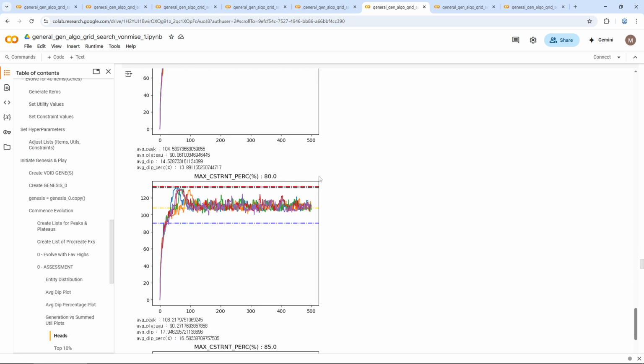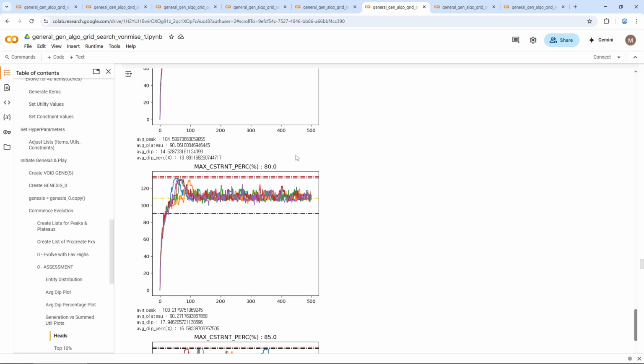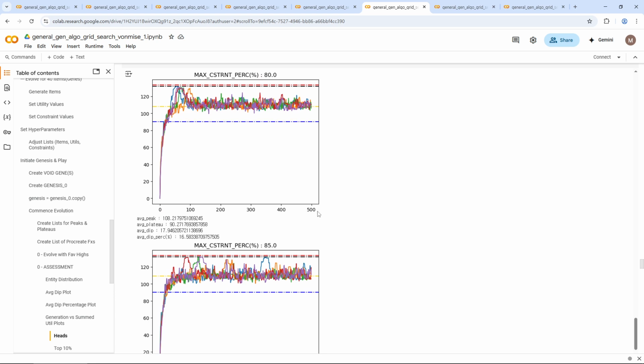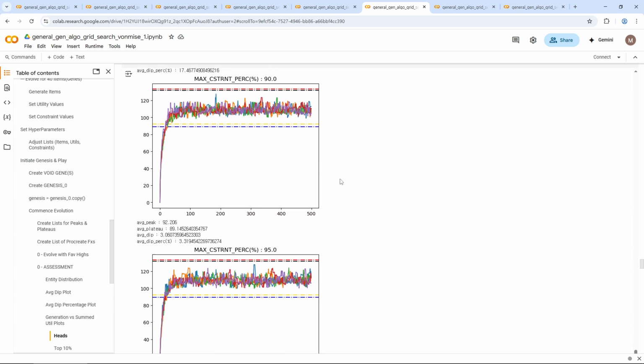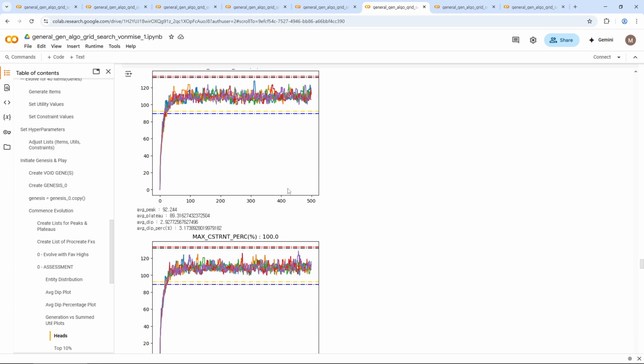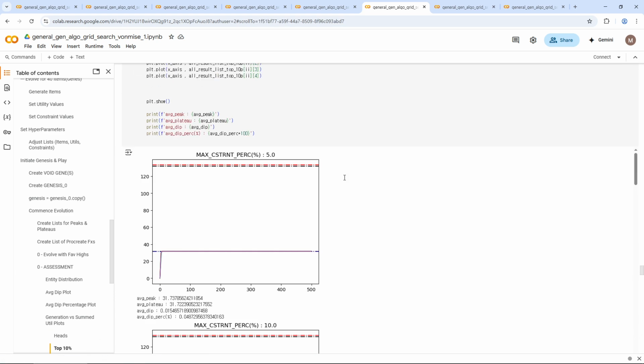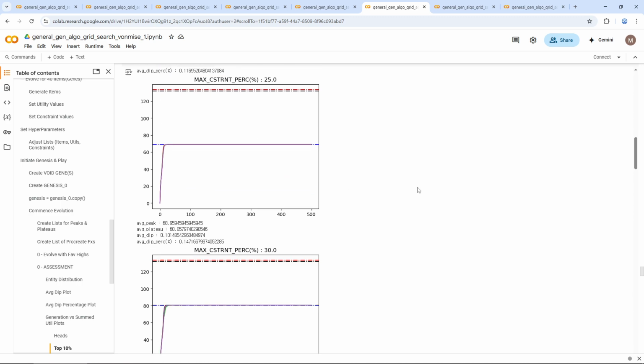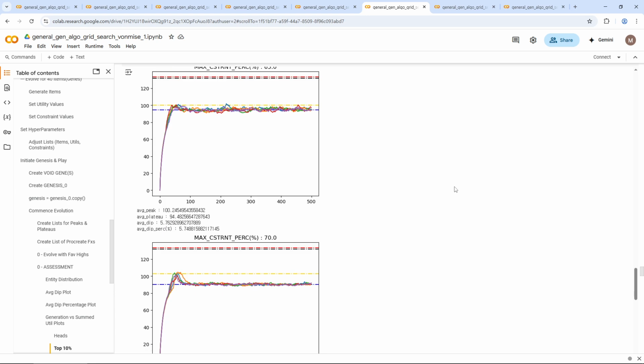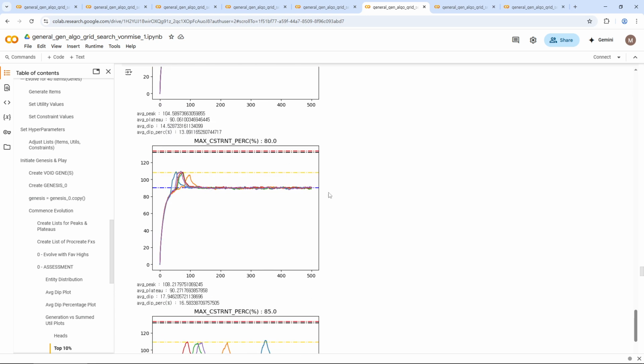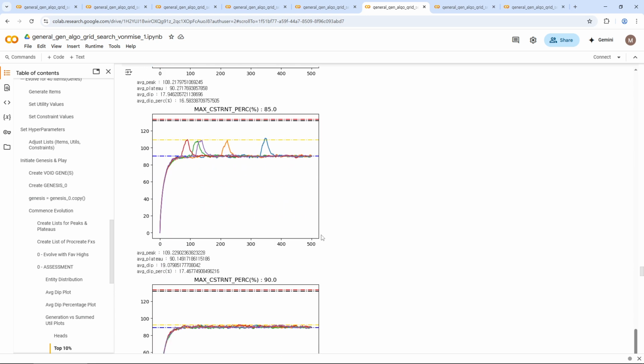When the maximum constraint percentage was at 80, we have that value. 85 we have that value. 90 we don't. 95 we don't. 100% we don't. So 80 and 85.